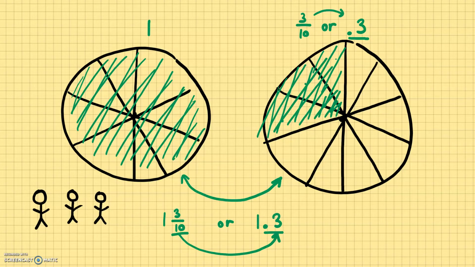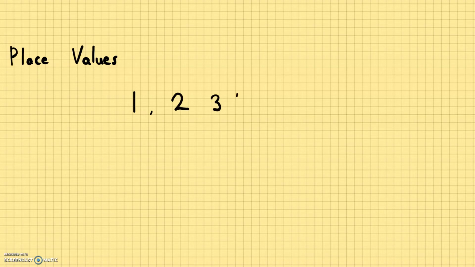So let me go over something that's very important with decimals, and that is the place values. Okay, so if we have a number 1234 point, remember that's the decimal point, and then we have a few numbers after the decimal point.